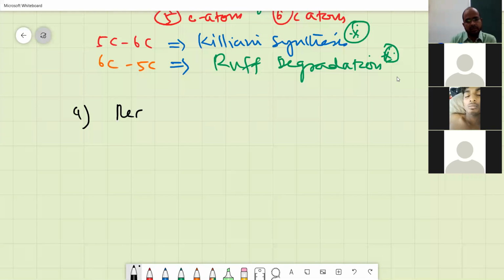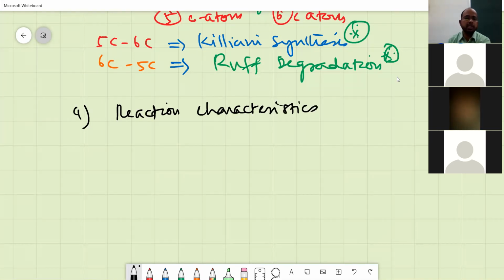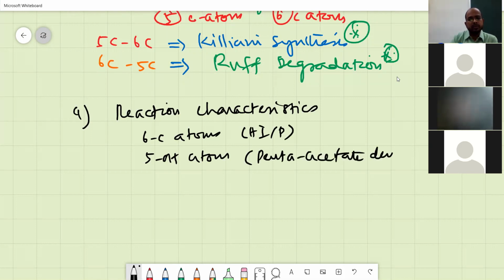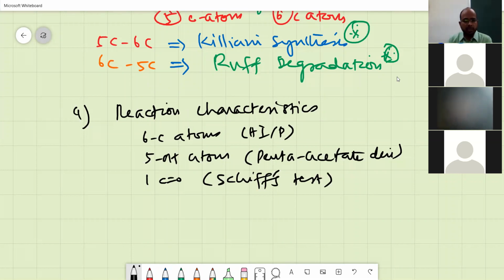Then the ninth point we have seen is reaction characteristics. In the reaction characteristics, we have established 6 carbon atoms, 5 OH groups, hydrogen iodide with red P reduction giving the pentyl derivative, the C double bond O group, and the Schiff test, or you can just take it as reducing capacity.